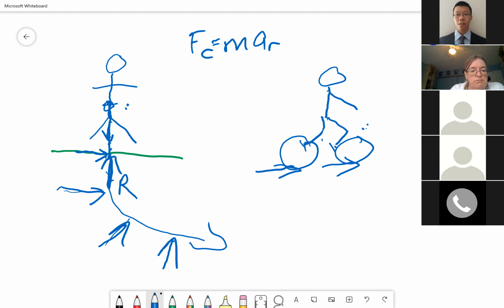It's going to point directly to the weight. And this weight is the weight of the whole body plus the bicycle. And you see how this R goes directly through the weight? That means it will not create a torque around the center of gravity.